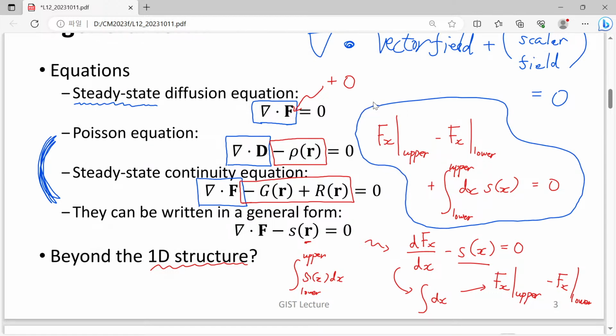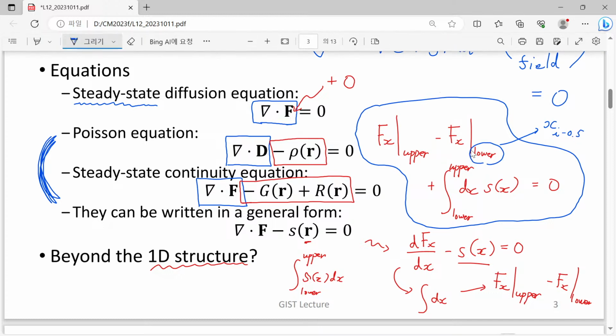Then more specifically, what is your lower? The integral range was just the coordinate for your hyperposition between x_i and x_{i-1}, and this upper range was defined as x_{i+1/2}.